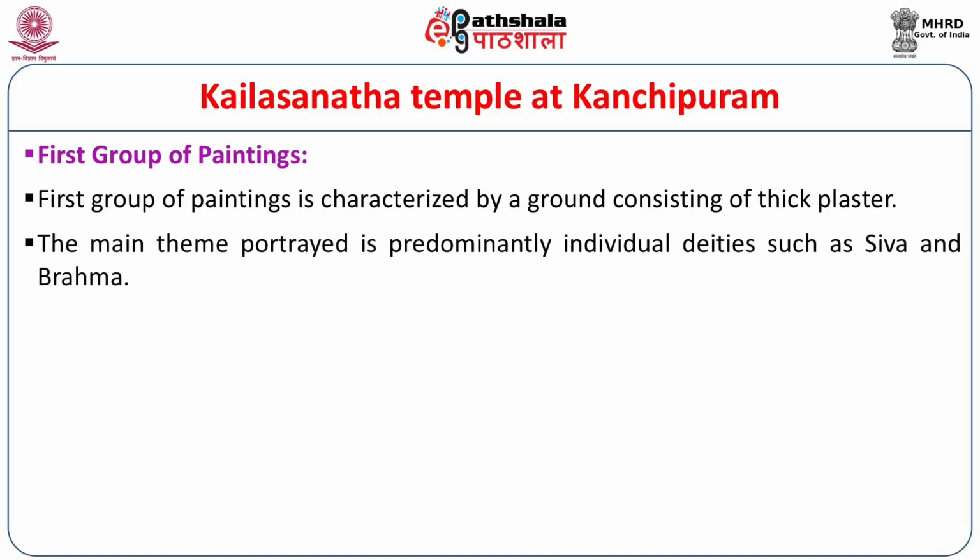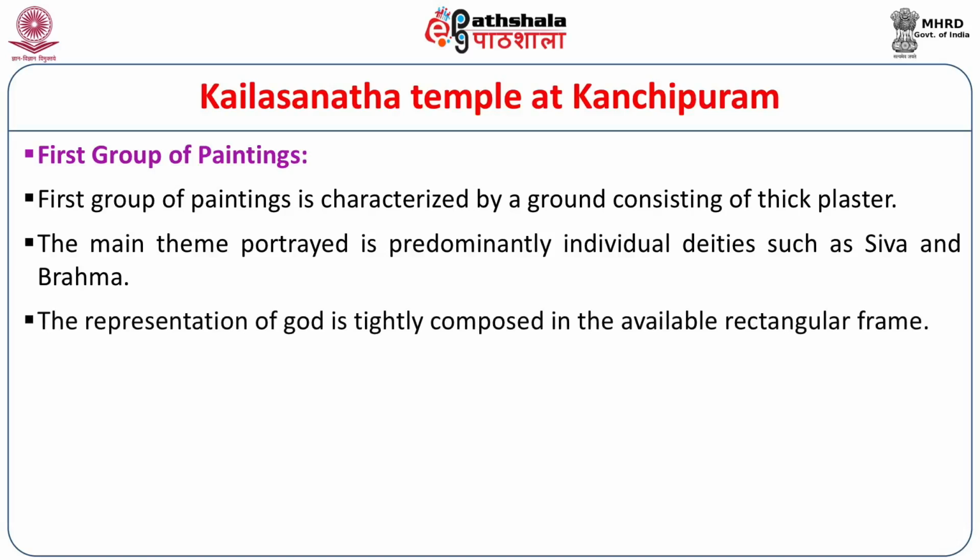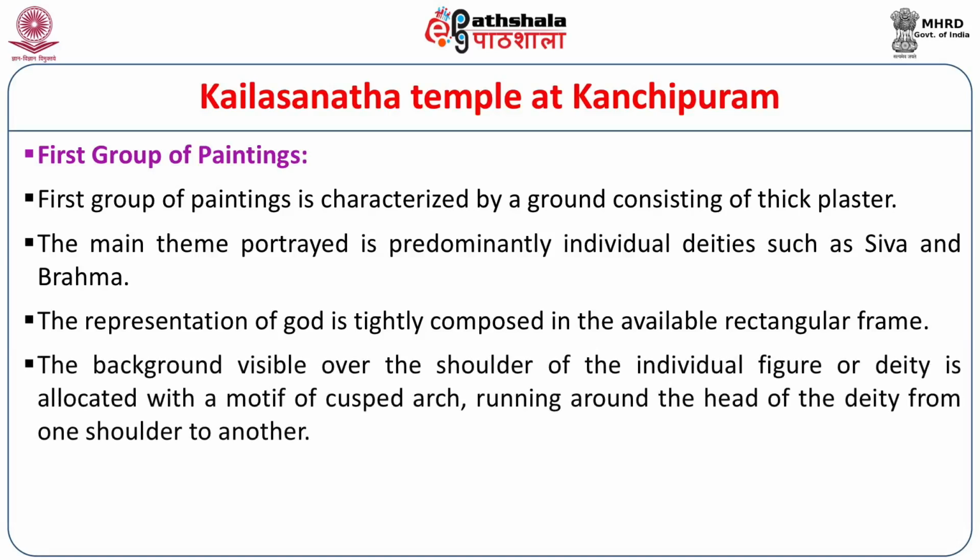The main theme portrayed is predominantly individual deities or gods such as Shiva and Brahma. The representation of the god is tightly composed in the available rectangular frame. The background visible over the shoulder of the individual figure is allocated with a motif of an arch.